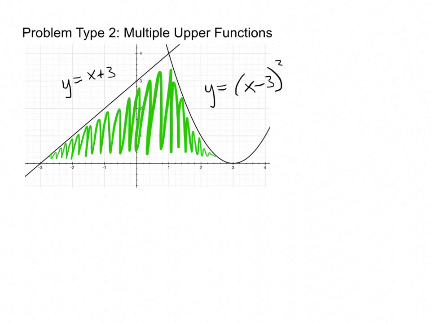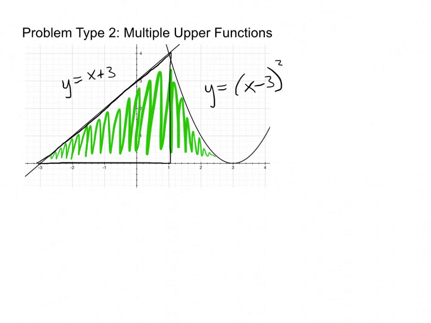So the key here, the one new problem that we have in this lesson, is that sometimes you have to imply multiple regions. What I'm going to do is say this function x plus 3 is the upper function, but that's only the upper function between -3 and 1. So the first region I'm looking at is this one.